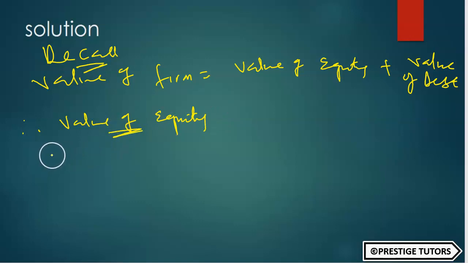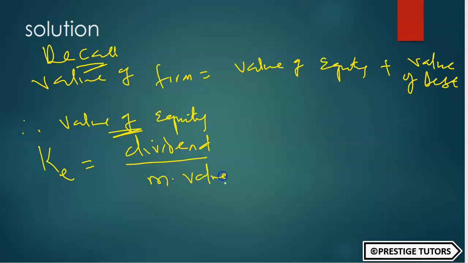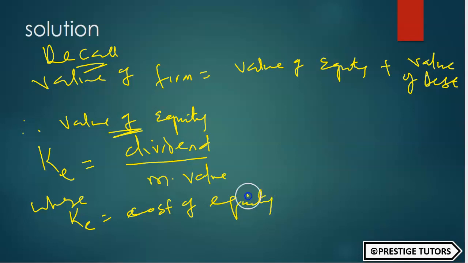How do we derive value of equity? We have KE equals dividend over market value, where KE equals cost of equity, or returns to ordinary shareholders.